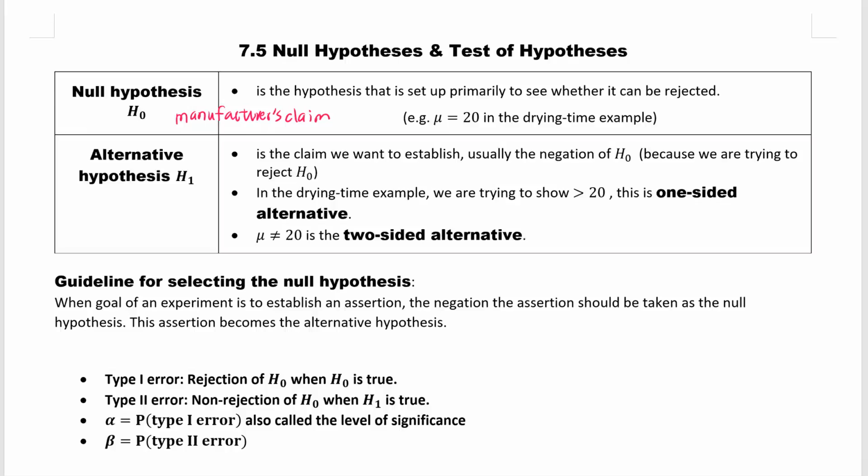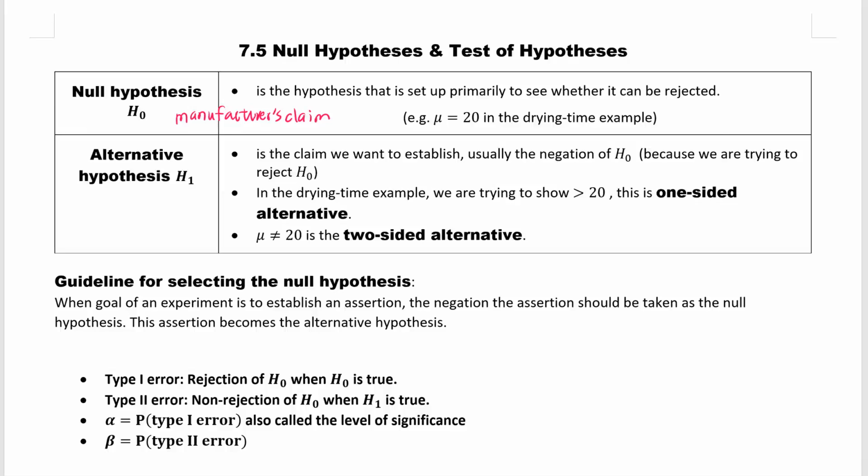The alternative hypothesis is the claim we want to establish. It's usually the negation of the manufacturer's claim because we're trying to reject the manufacturer's claim, but not always.